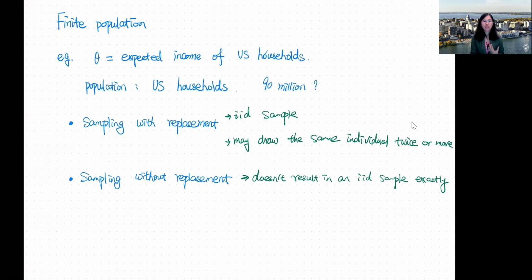So what the second draw will be depends on what the first draw is. So the individuals in your sample, when you do sampling without replacement, will be dependent, and they will be drawn from different populations. So the sample you obtain is not exactly IID, but it has the advantage of never drawing the same individual twice.